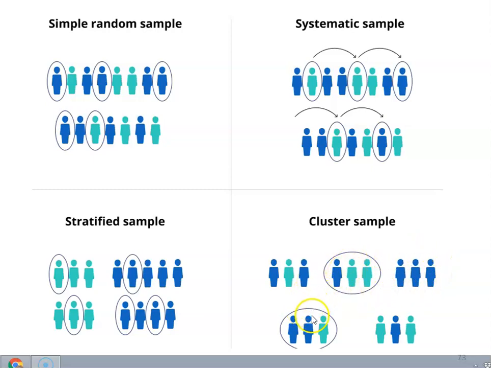We select one or two or three of these towns depending on our sample size required. We may include all individuals in each town, or if they are highly populated towns, we may select individuals from each town using these methods of simple random and systematic random methods.